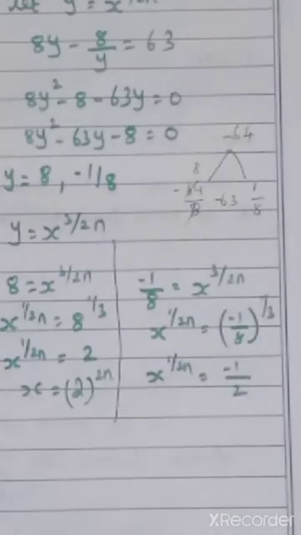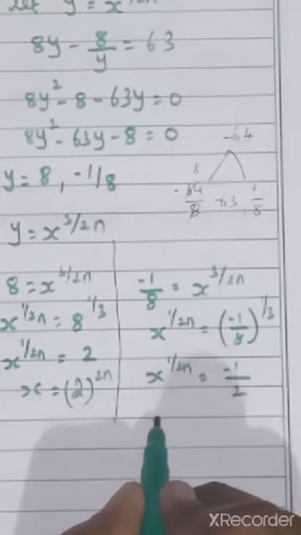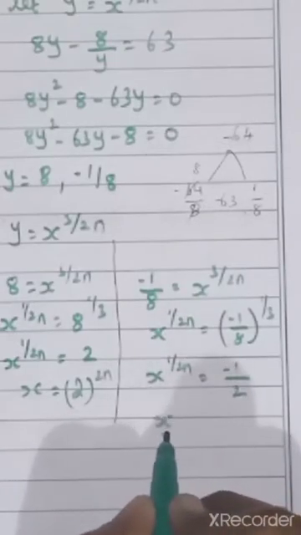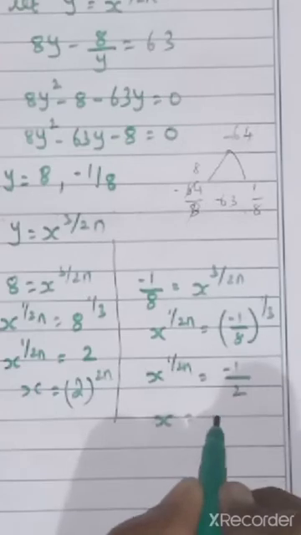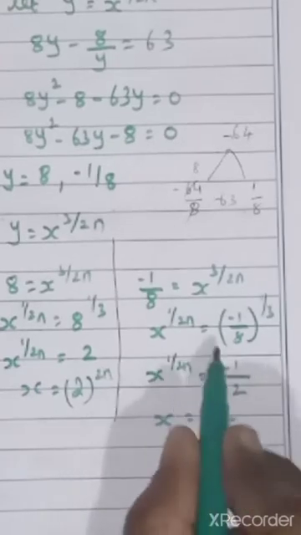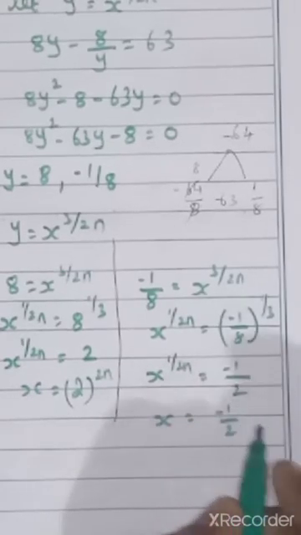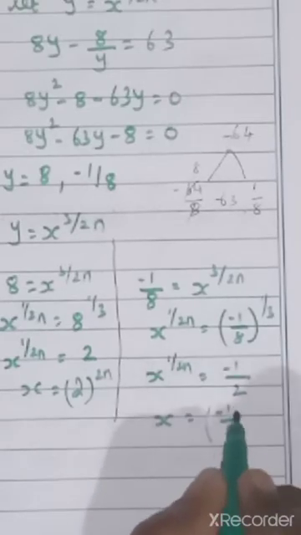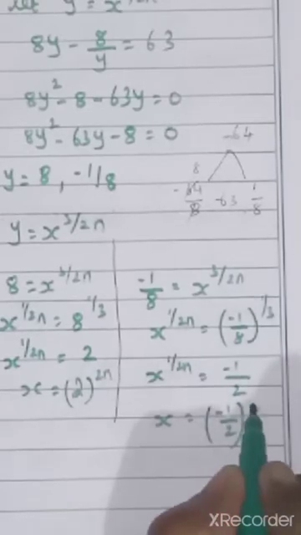Is that right? So what can we write from this? Again x^(1/2n) equals minus 1 by 2. When the 1 by 2n goes to the other side, it becomes 2n. Correct? So (minus 1 by 2) to the whole power 2n.